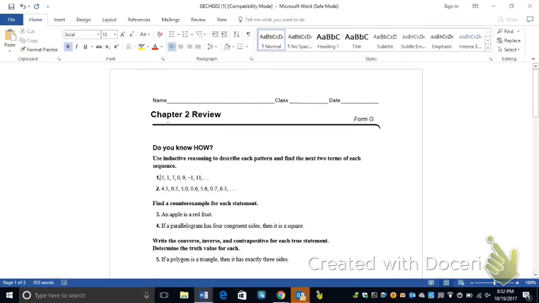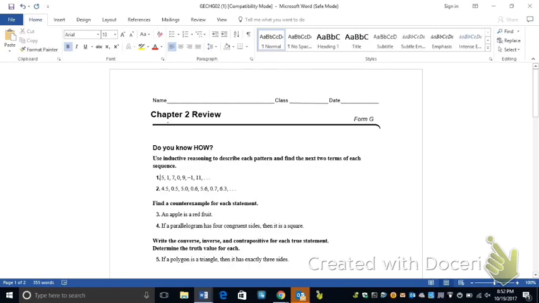If you guys all know converse, inverse, contrapositive really well, then you can just fast forward it, check your answers. What I would like you guys to do now is try 5 and 6 by yourself. Again, 5-10 minutes. Check 5 and 6. Then you can go back, check your answers, or just move on to 7 and 8.